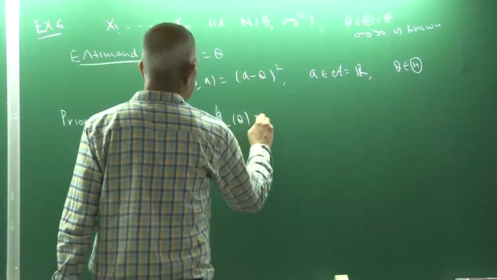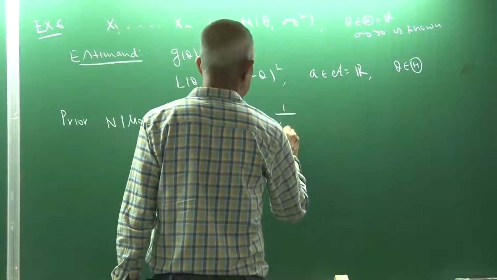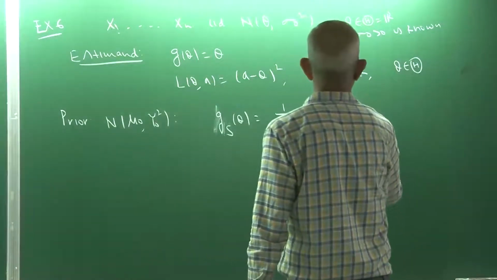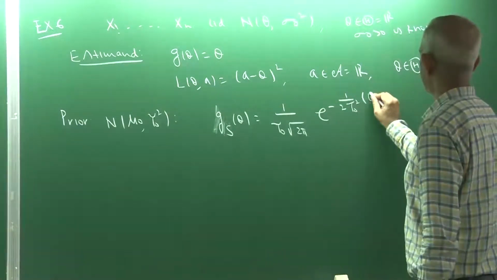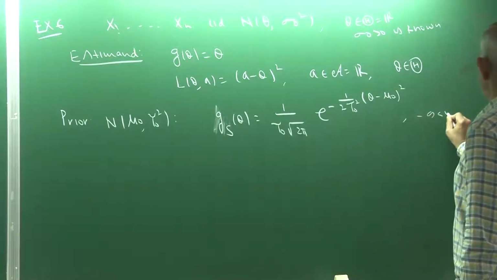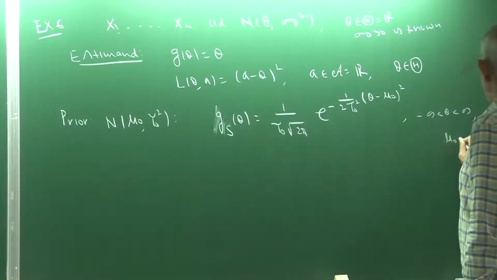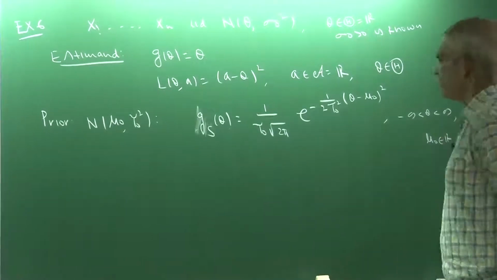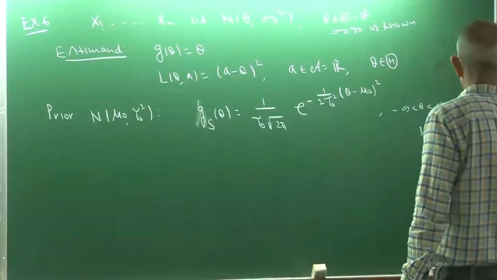So the prior at the point theta is nothing but 1 by tau naught root 2 pi e to the power minus 1 by 2 tau naught square (theta minus mu naught) whole square, theta between minus infinity to infinity. So it is a function of theta. Mu naught is a given constant. Tau naught is also a given constant. Sorry, tau naught is positive because tau naught is standard deviation.